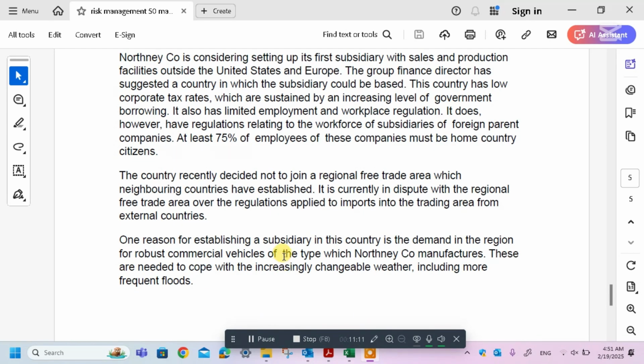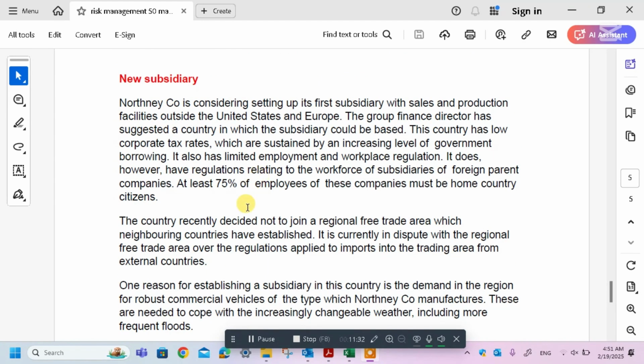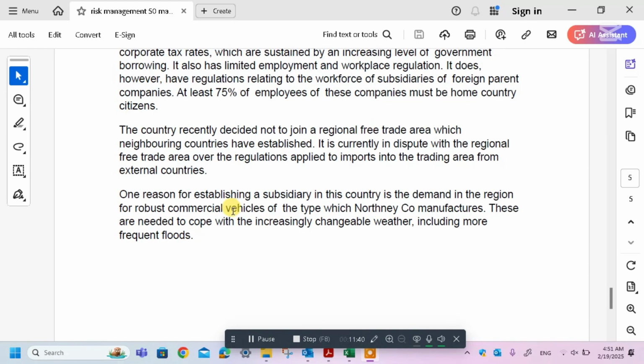One reason for establishing a subsidiary in this country is the demand in the region for robust commercial vehicles of the type which Nothni company manufactures. These are needed to cope with the increasingly changeable weather, including more frequent floods. So that's about the new subsidiary. The last requirement was to analyze the political and operational risks regarding this subsidiary, for which we are going to take information from here.